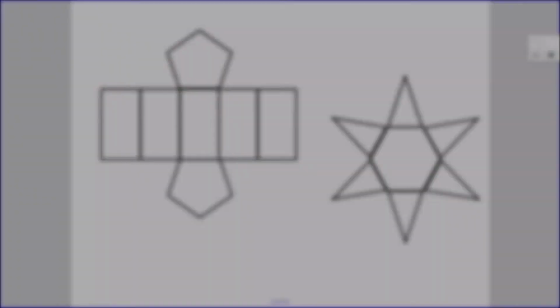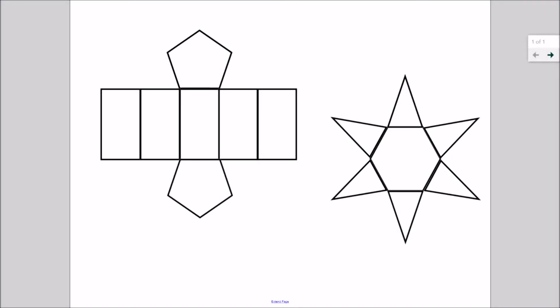Here I've drawn nets for two different objects. Looking at this net right here, I can see a set of rectangles which connects two pentagons together. Now I know two things from this. The first is that my base shape is a pentagon. The second is that it extends through rectangles. Because of this, I know its name.